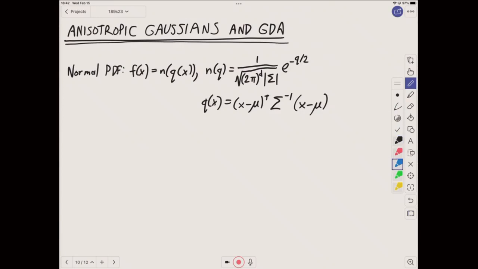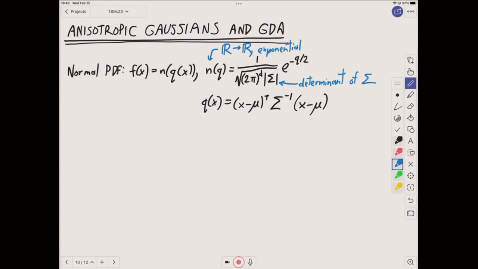So again, n is a function that maps a real number to another real number and includes an exponential and some important constants. The bars around sigma are the determinant of the matrix sigma, which is the covariance matrix of the distribution.